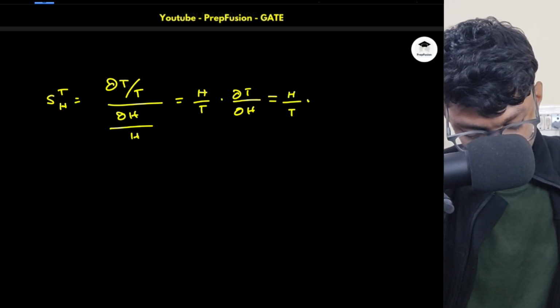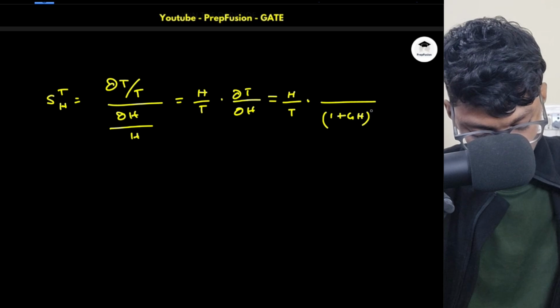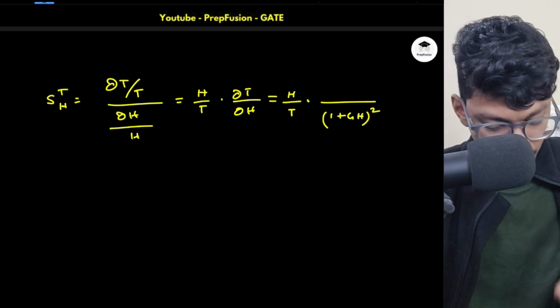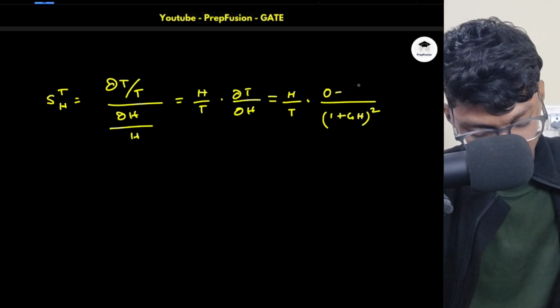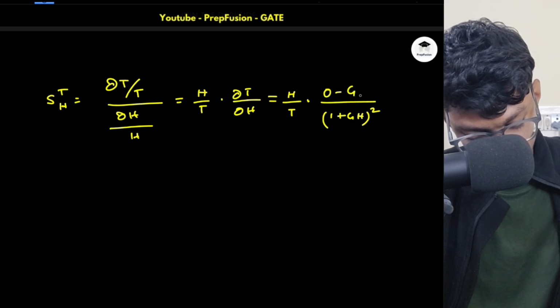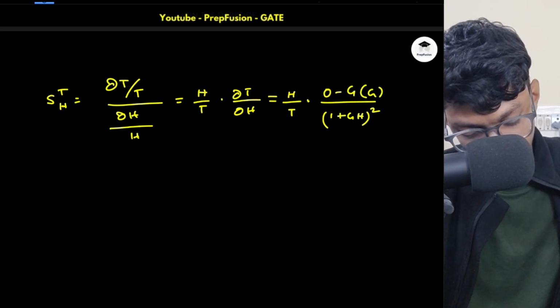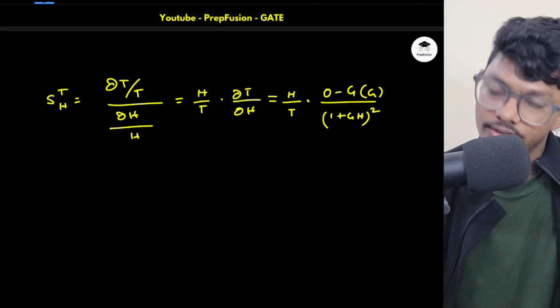It is simply equal to, again, 1 plus g of h of s whole squared into the differentiation of the upper one, that will be 0, minus the differentiation with respect to h, which will be g, and obviously a g was already there, minus g square.